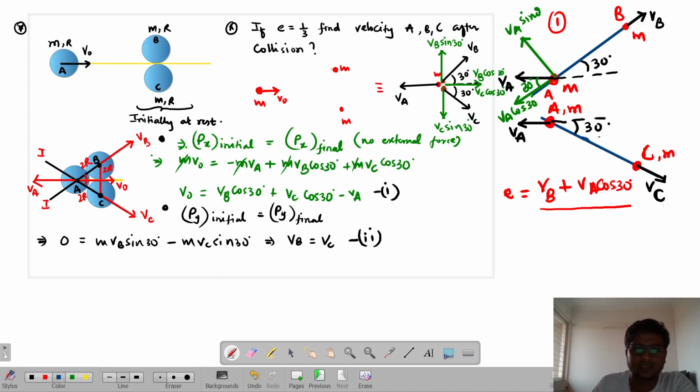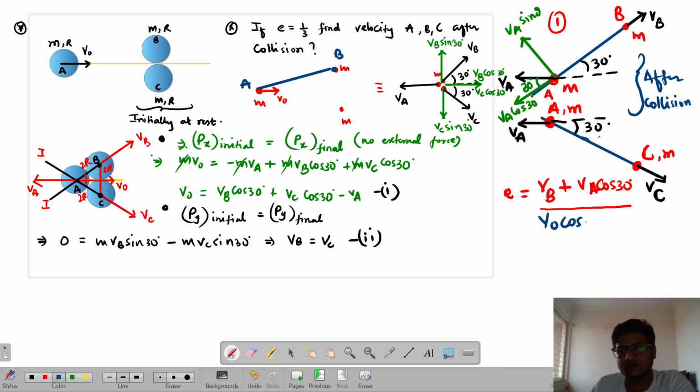Here is my B and here is my A. This case is appearing after collision. How come it is just V naught? I need to always take along the line of impact now. Did you forget? At 30, yes, V naught cos 30 minus VC.